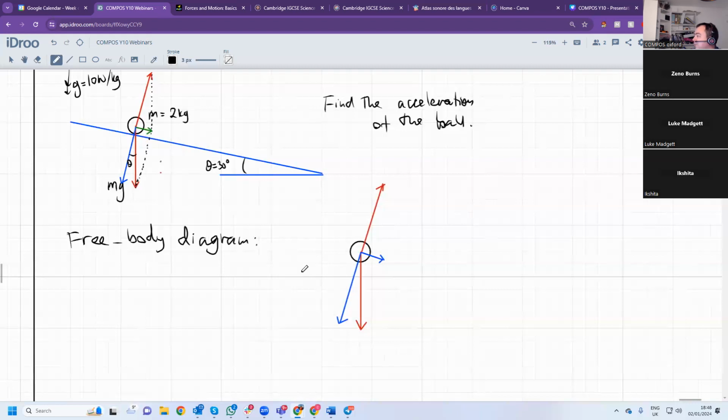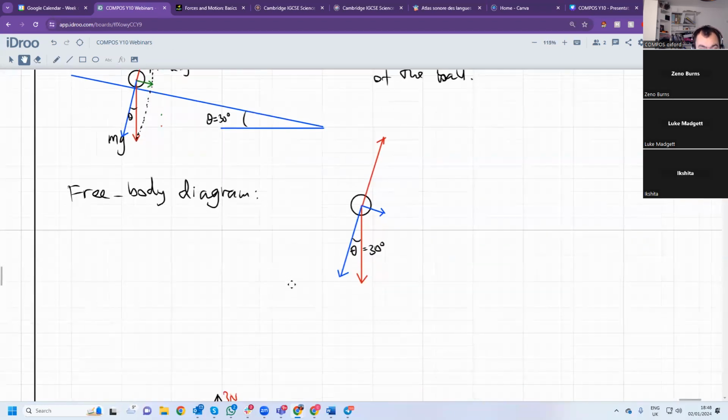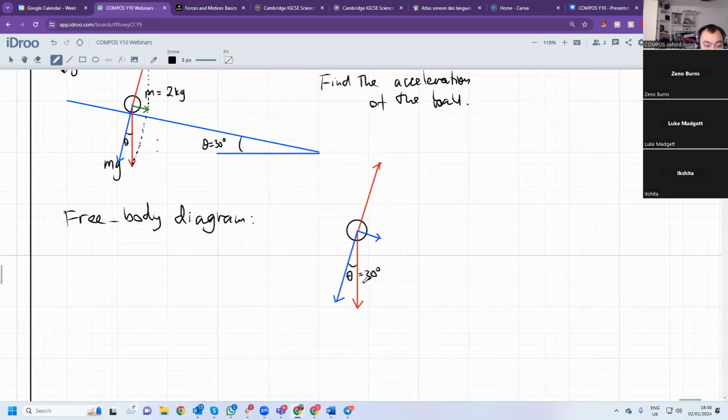The next assignment is going to be on this, so there's going to be a lot of this. If you don't fully understand why it's 30 degrees, don't worry about it. Just believe me that this angle is 30 degrees. You can check it for yourself.